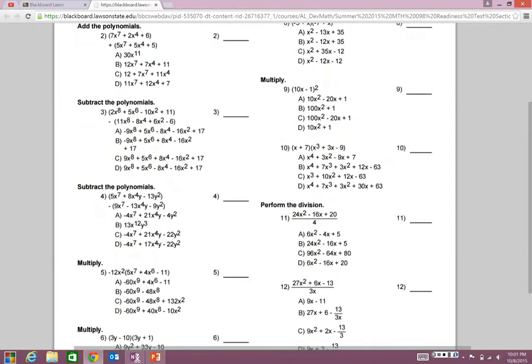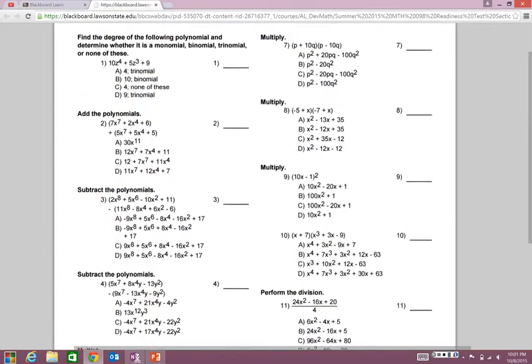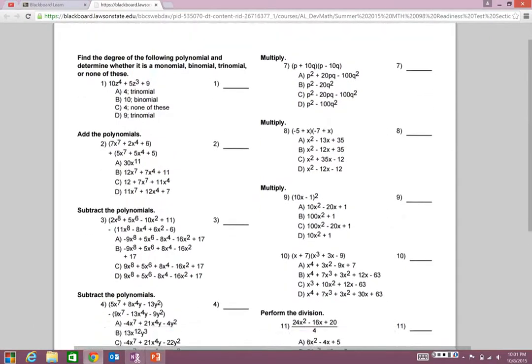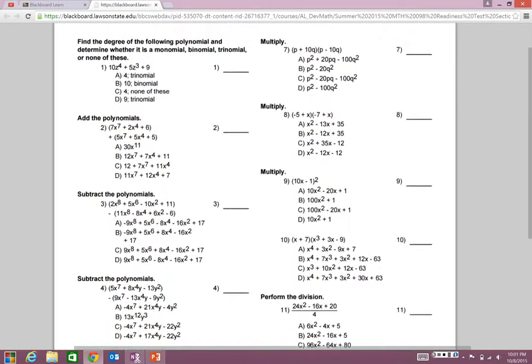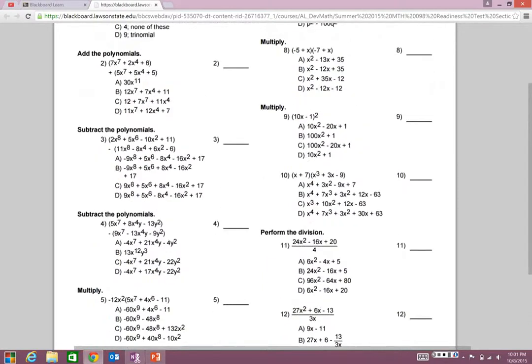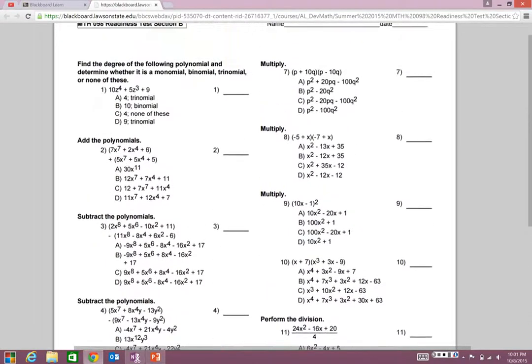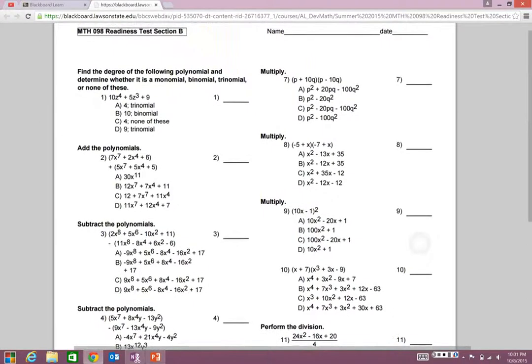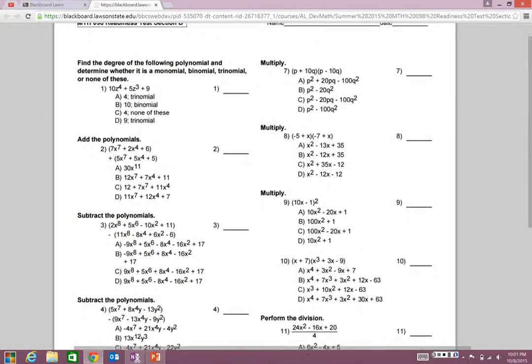So this is how the second readiness test will look. Expect to know these concepts. If you're having trouble with a particular concept, you need to practice it because it's on the test. Alright? So let's get started.